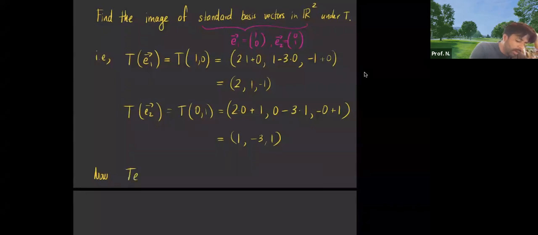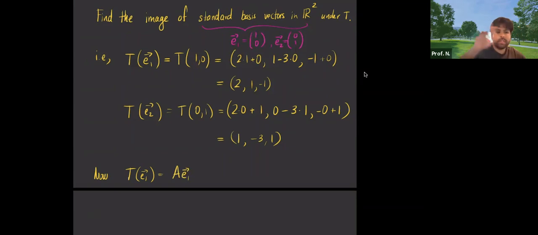So T of E1, I can represent as some matrix multiplied by E1. If you understand matrix multiplication and the fact that you're multiplying by the vector 1, 0, when I apply this vector I get 2, 1, negative 1.